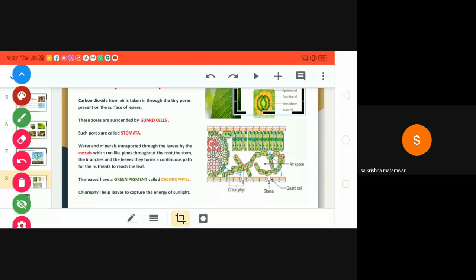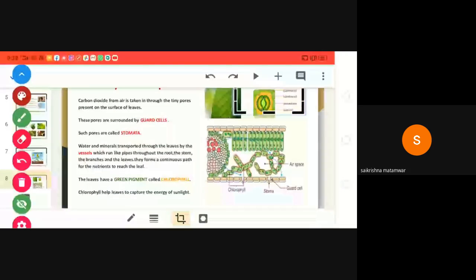With the help of those vessels, the water and minerals reach the leaves. The vessels form a continuous path for the nutrients to reach the leaves. Is it clear, children?